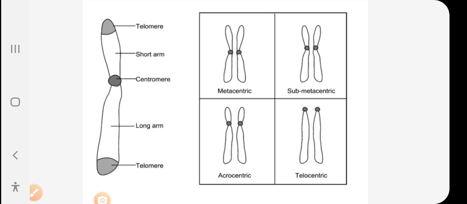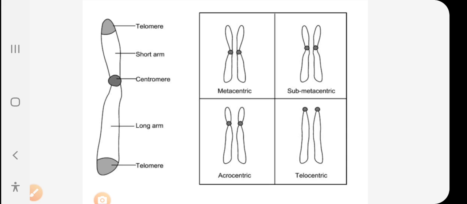In a telocentric chromosome, the centromere position is terminal, so only one arm is present. It looks like a rod shape in the anaphase of cell division.